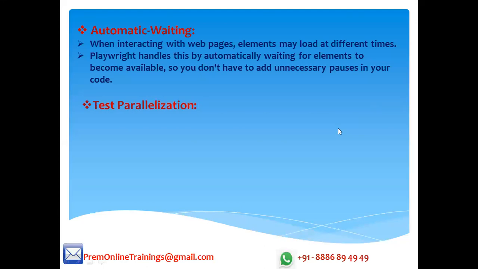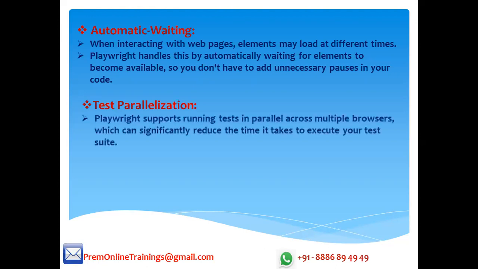The next feature is parallelization. By default, Playwright is going to execute the test scripts in parallel mode. And this parallel mode will help to save time from the execution point of view.